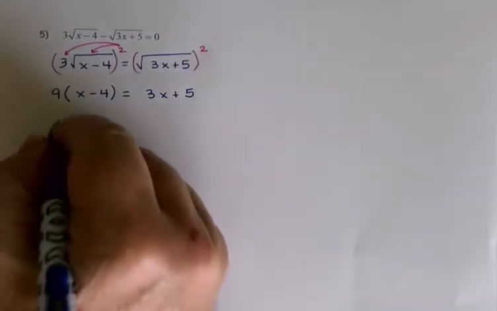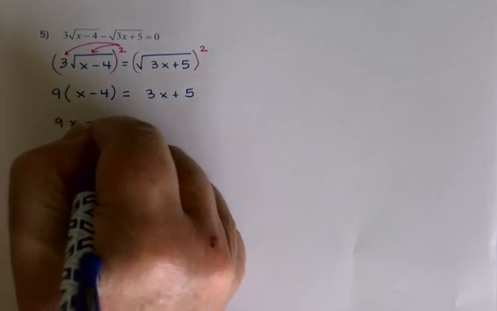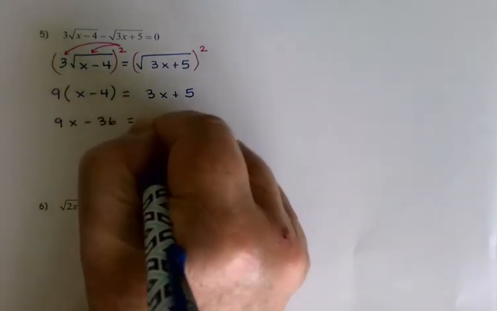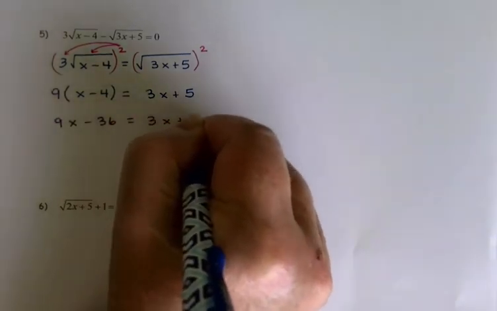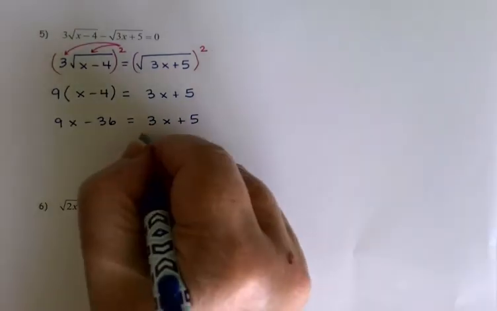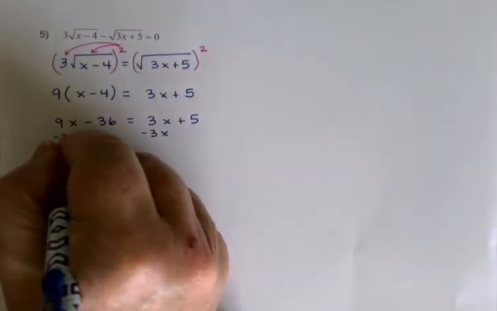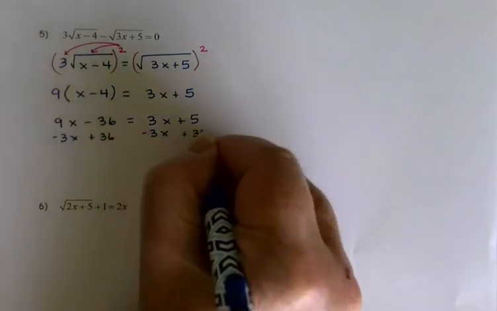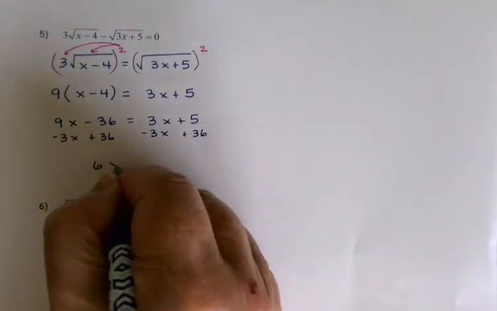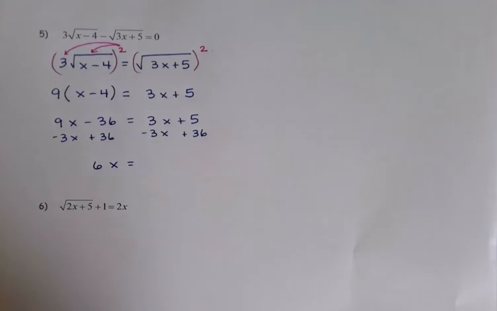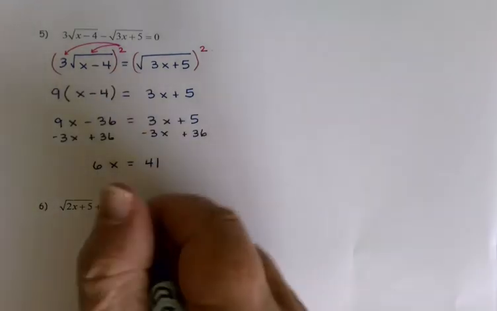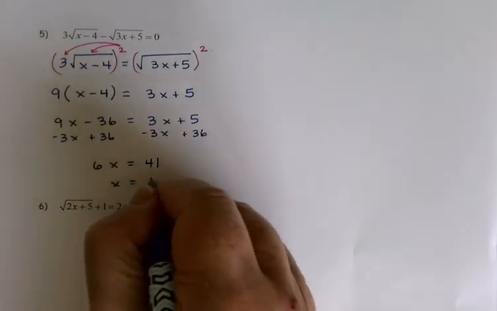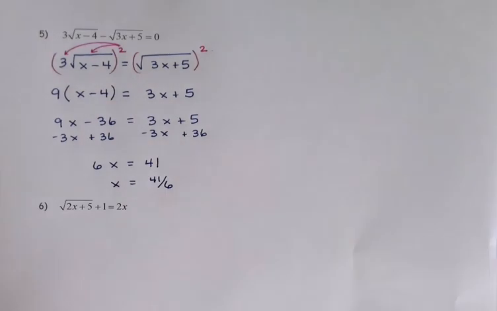All right, we will distribute, so I have 9x minus 36 equals 3x plus 5. And let's subtract the 3x and add the 36. So I have 6x equals 41. And again, it's not going to come out evenly, so I'm just going to give the exact answer.